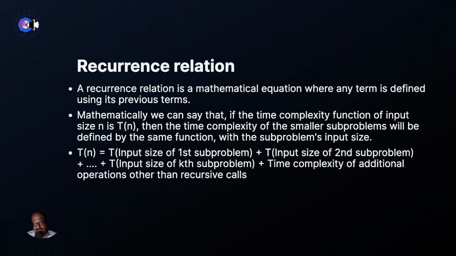A recurrence relation is a mathematical equation where any term is defined using its previous step. We can use a recurrence relation to analyze the time complexity of recursive algorithms. Mathematically, if the time complexity function of input size n is T(n), then the time complexity of smaller subproblems will be defined by the same function with the subproblem's input size.